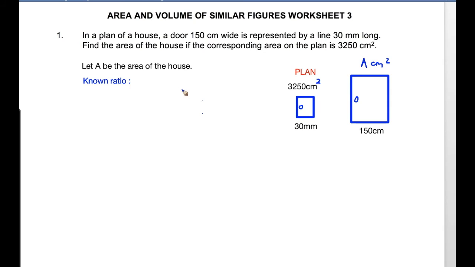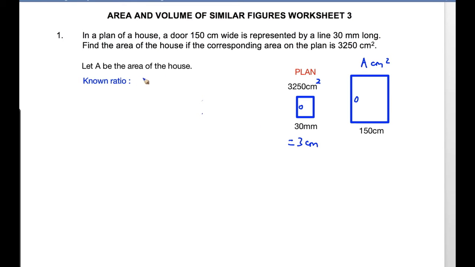In this sum, we are given a plan of a house with a door 30 millimeters wide, showing a real door 150 cm wide. As these are similar figures, we could find out the known ratio, which is the ratio of the corresponding widths. Before we do that, we need to convert them to the same units.